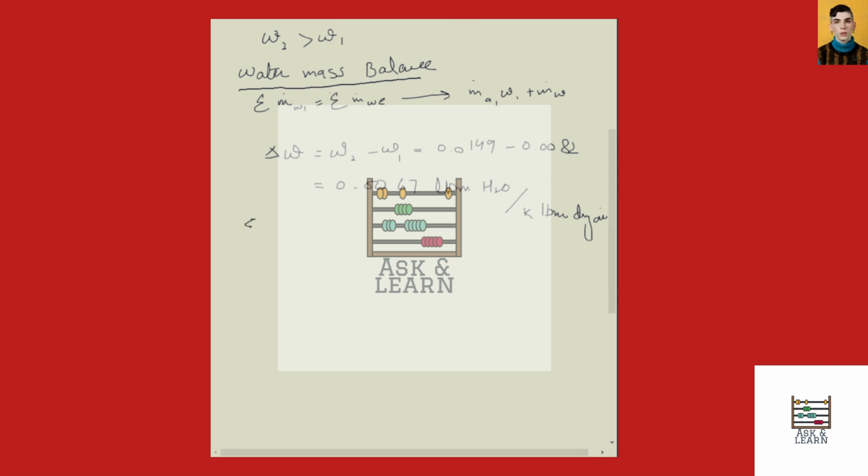Now we come towards the energy balance, which is energy at inlet minus energy at outlet is equal to delta energy of the system, which would be equal to zero due to steady condition, due to which inlet energy would be equal to the outlet.